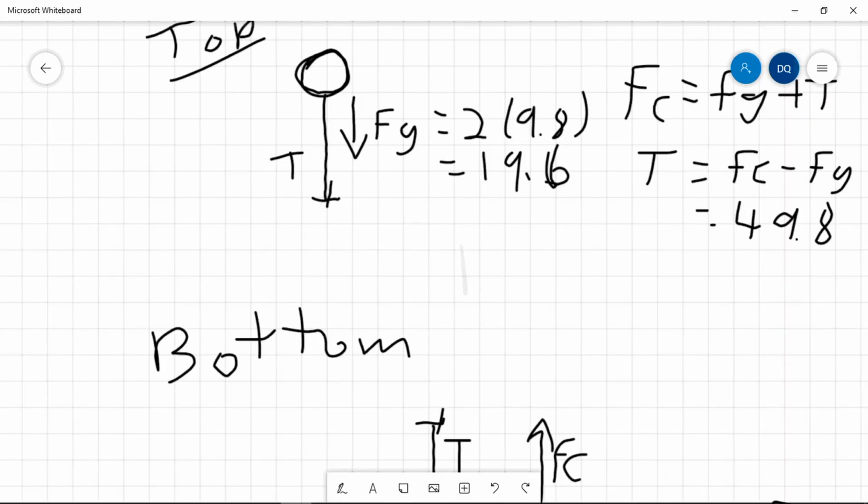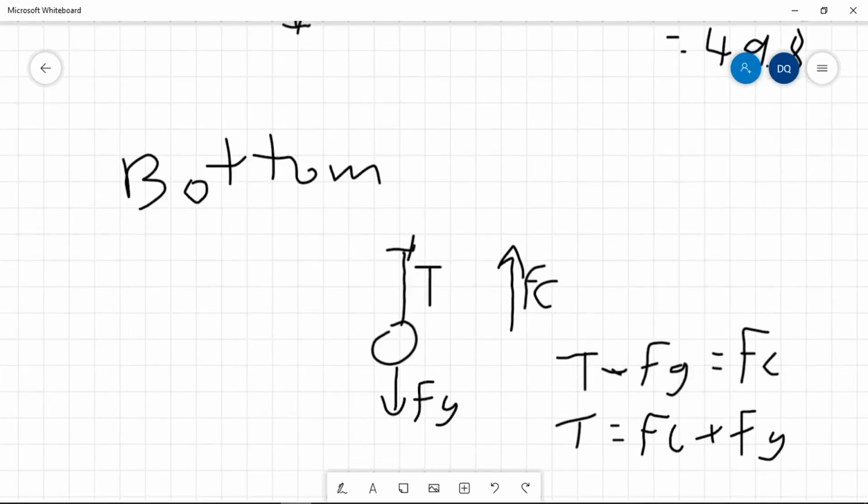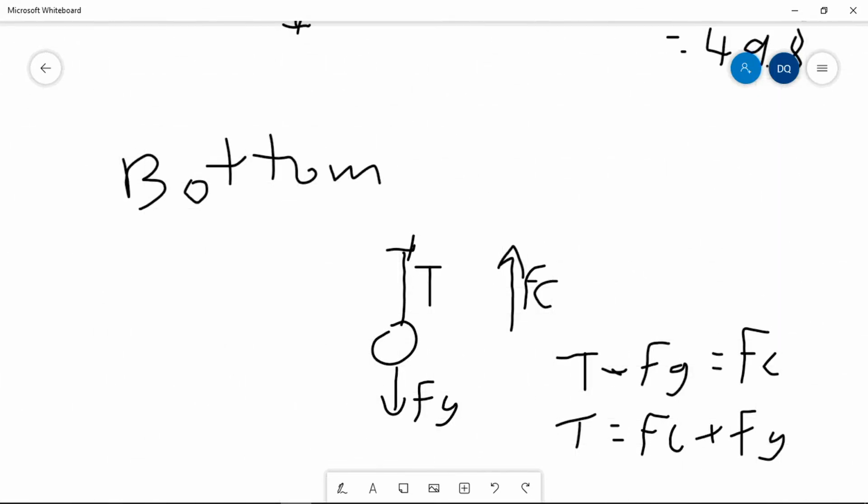See what's happening here? When the bucket's at the top, tension and gravity are going the same way, so the tension you feel in your arm is less. When the bucket's at the bottom, tension's pulling up, but gravity's pulling down, and because they're opposing each other, and yet you still need to end up with the same centripetal force as your net force, the tension becomes much greater. So that bucket is going to feel like it's heavier when it's at the bottom.